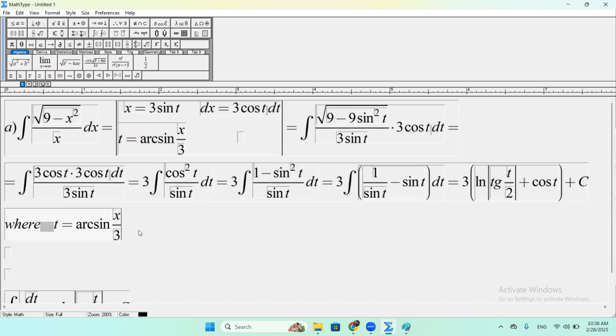Any questions about this exercise? How do we get 3 cosine t by 3 cosine t, the start of the second row? So here under the square root we will receive 9 cosine square of t, and then we just remove this square root.